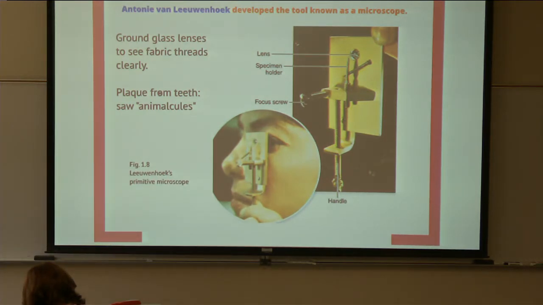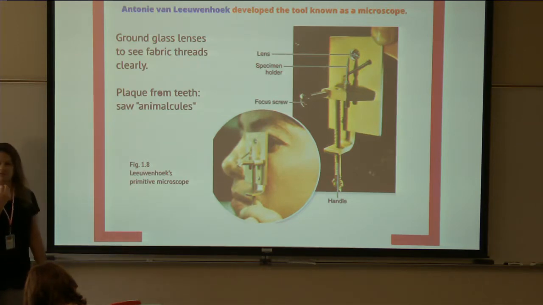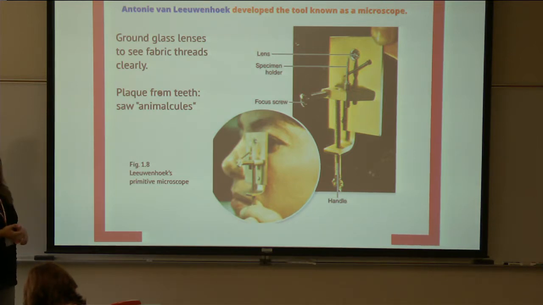And he's like, what about this stuff between my teeth? This gook between my teeth, this plaque. So he scrapes them off. He used that lens, and he's like, wow, there's even more of these little animalcules between my teeth. And then he decided, does anyone else have these little animalcules between their teeth? So then he went around and he scraped some other people's teeth. He's like, wow, everyone's got these little animalcules.